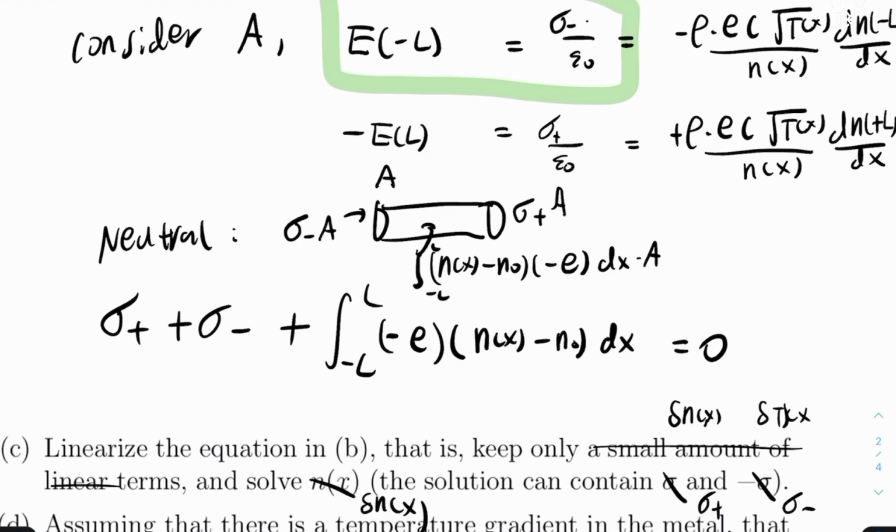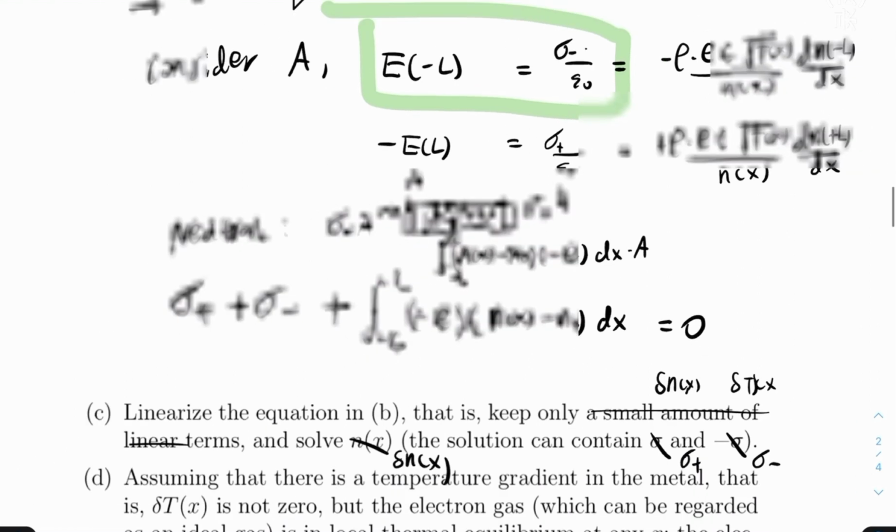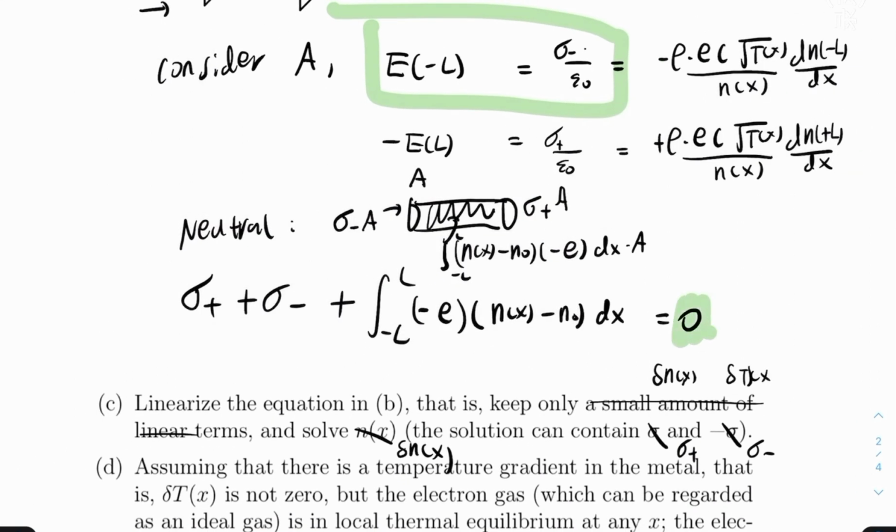That is not the total, but that is like the other charges inside the volume. So you also need to set it to 0. And that's problem B.